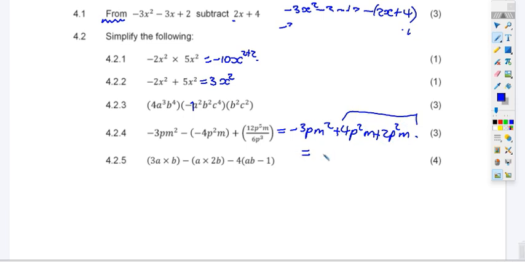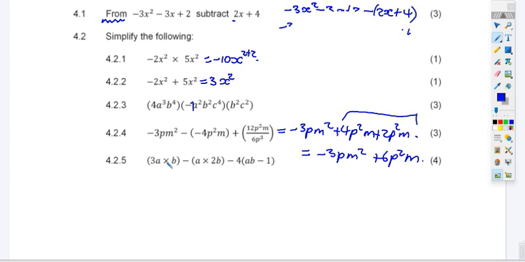This one does not have a like term, so it's minus 3pm squared. This is 4p squared m plus 2p squared m. We add the coefficients there, 4 and 2, so it gives us 6p squared m. These two were like terms, that's why we have put them together here. That is the answer for that one.